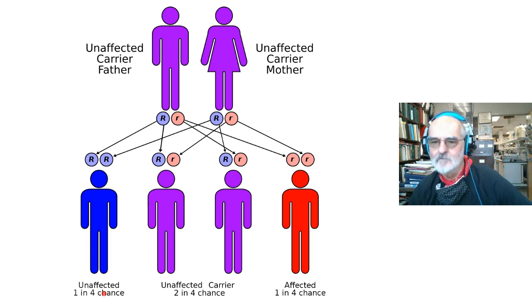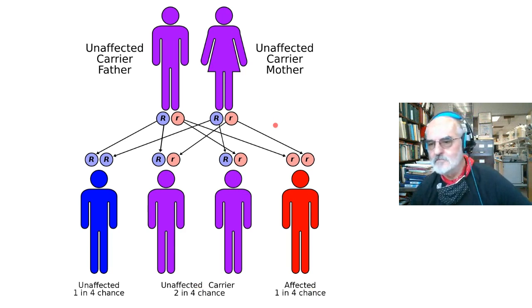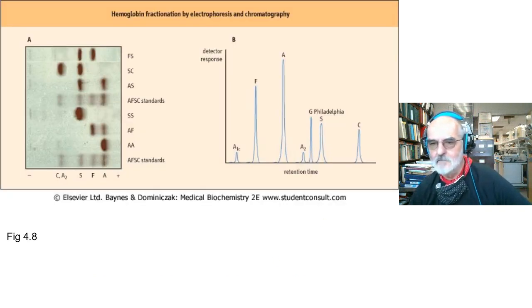Okay, and so this means that 25% of progeny will be normal, 50% of progeny will be carriers, and 25% of progeny will have the disease, inherit both abnormal copies.